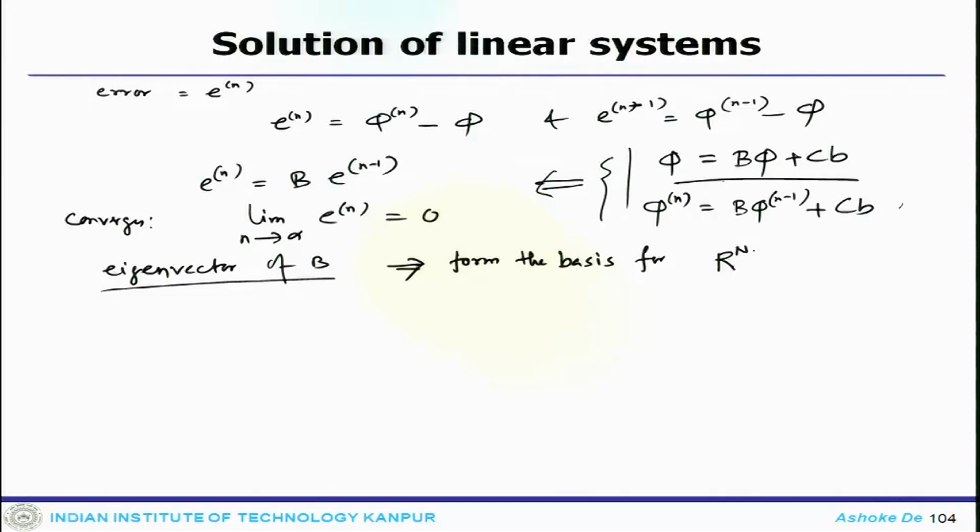This being the case, e can be expressed as a linear combination of the n eigenvectors V of B. So B has n eigenvectors.